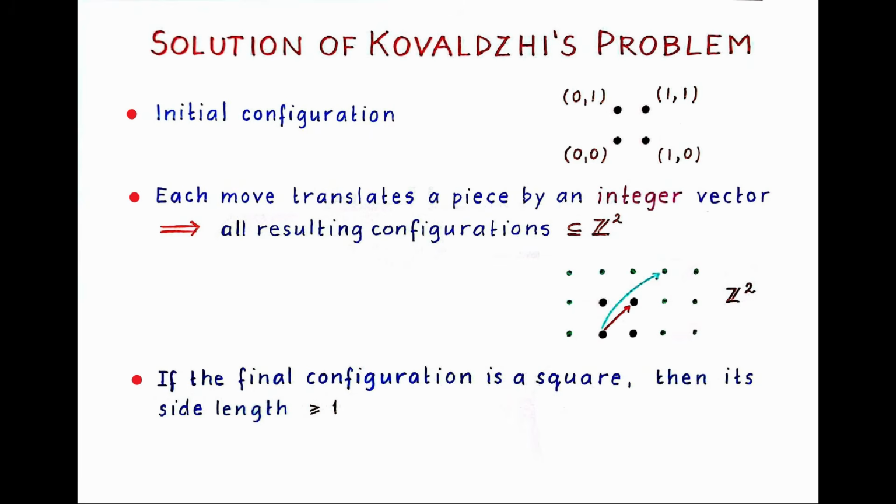Because if this grasshopper wants to jump over this one, this means that I translate it by twice this integer vector, so it will end up in another integer point. So no matter what they do, they will sit on this integer grid. In the integer grid, there is no square smaller than the unit square, but it could be a larger square. And now comes the nice idea. No, it cannot be a larger square. And the idea is that these moves are reversible, right?